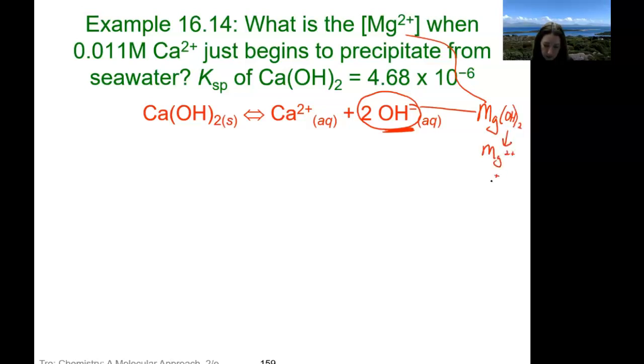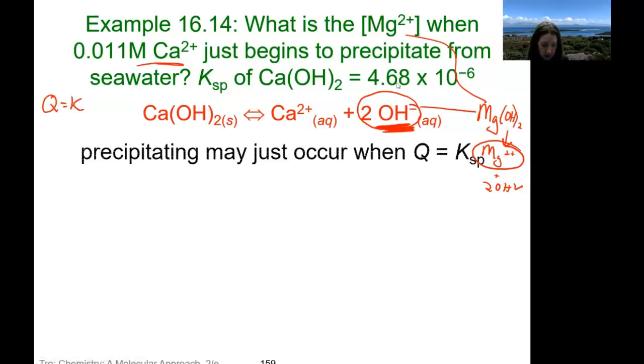So the question is, what's the magnesium concentration when calcium just begins to precipitate from seawater? We can find the concentration of hydroxide here, use it here, and solve for magnesium. Remember, when it begins to precipitate, that means Q equals K. So that's our plan. Let's see how this works.